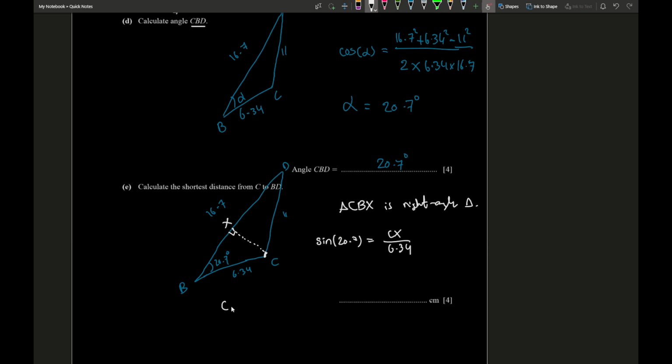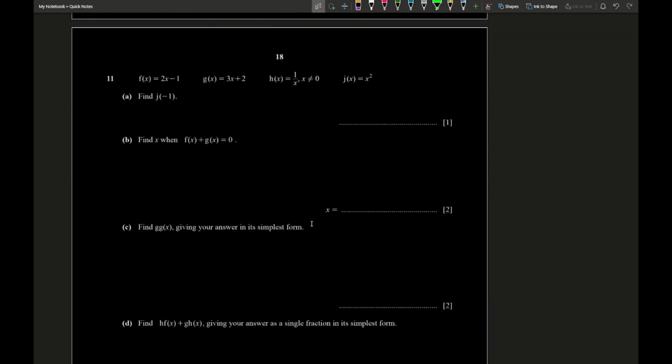Therefore CX would be equal to 6.34 times the sine of 20.7. This is equal to 2.24, rounded to 2 decimal places. Alhamdulillah. On to the next question.